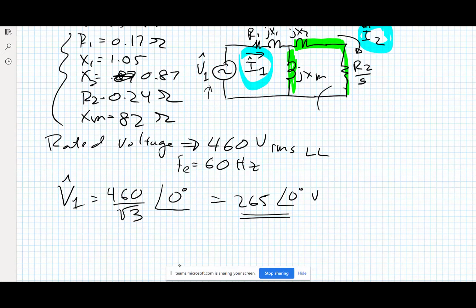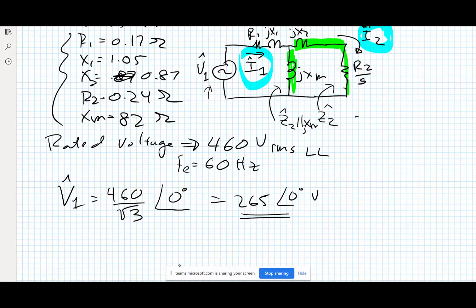I could call this Z2, the rotor impedance. If I look in here, it's basically Z2 in parallel with jXM, and then I've got to add the stator impedance to it.